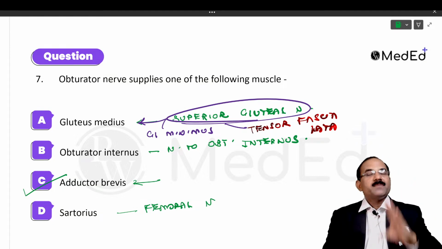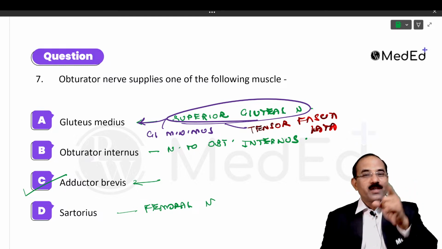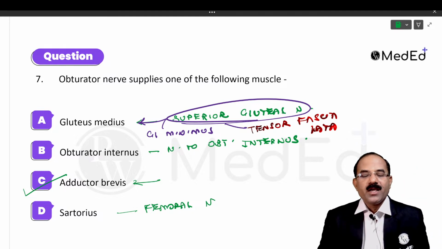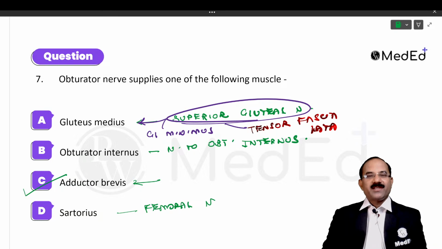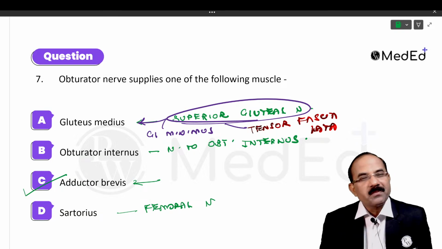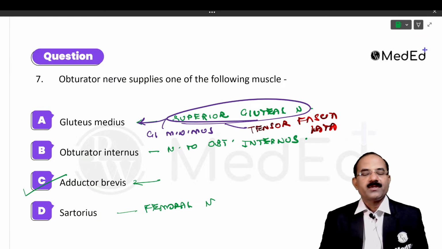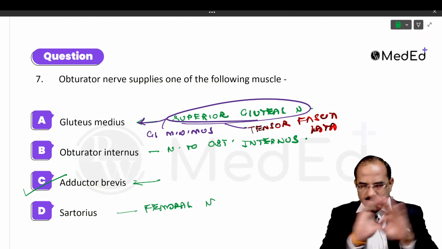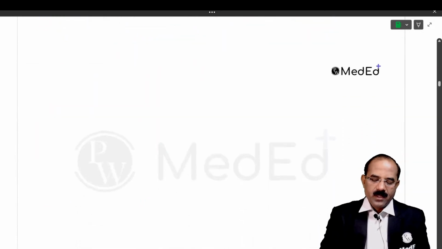Maximus is supplied by the inferior gluteal nerve. Gluteus maximus का nerve supply क्या है? Inferior gluteal nerve. And gluteus medius, minimus and tensor fascia lata का nerve supply क्या होता है? Superior gluteal nerve. I hope this is clear to you. Fine. Proceeding.